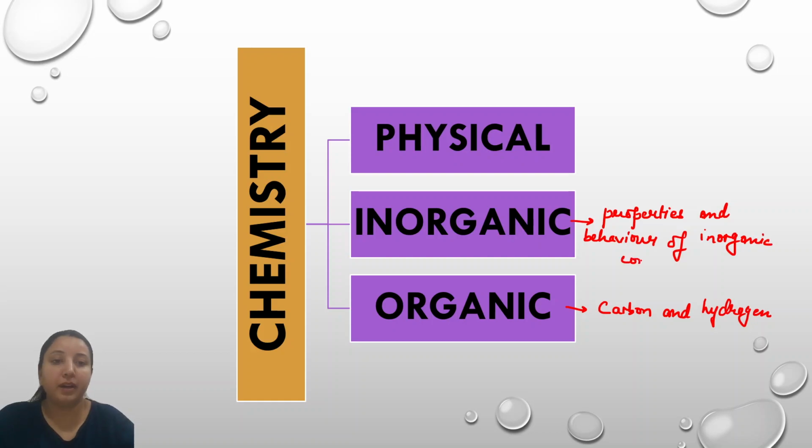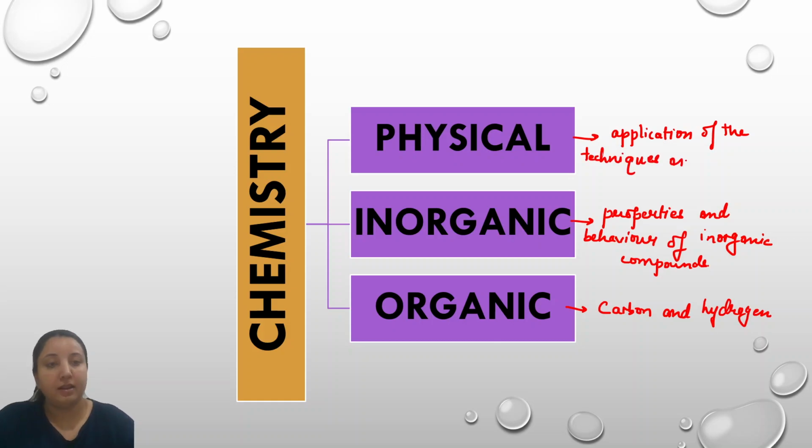Inorganic compounds refer to compounds other than those having carbon and hydrogen. And physical chemistry is a branch of chemistry which deals with the application of the techniques and theories of physics.